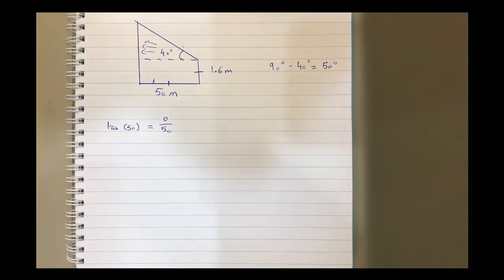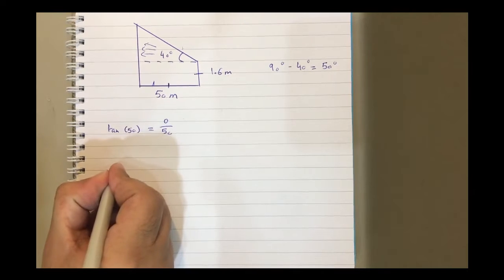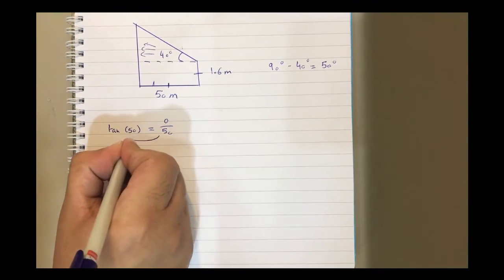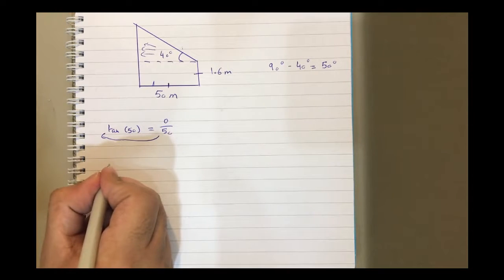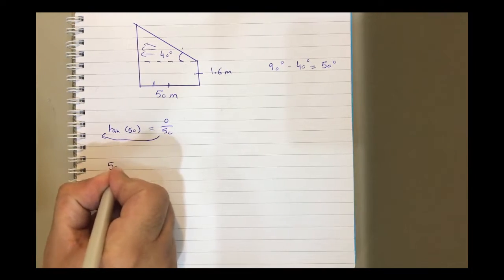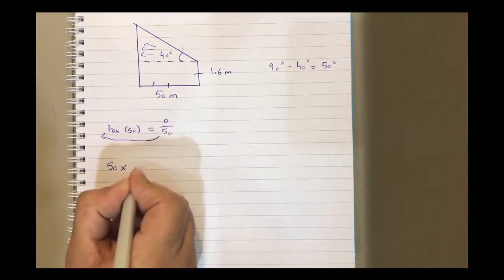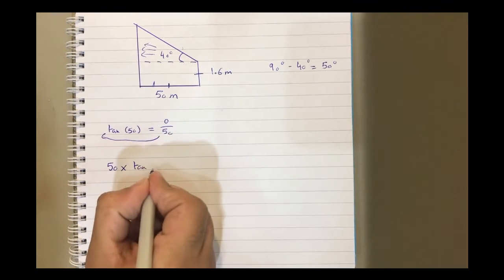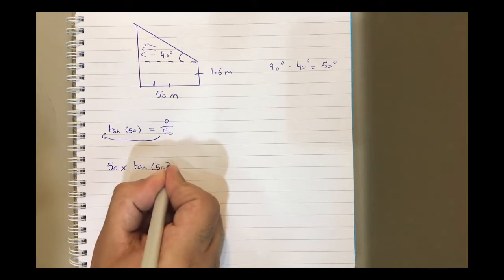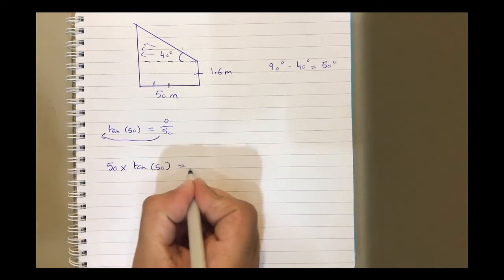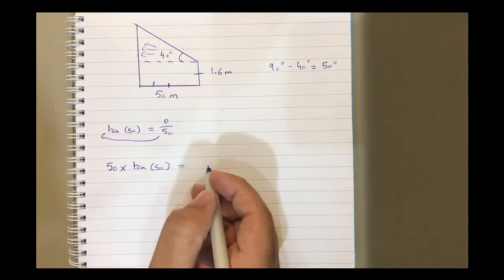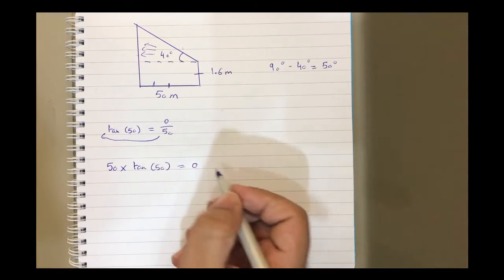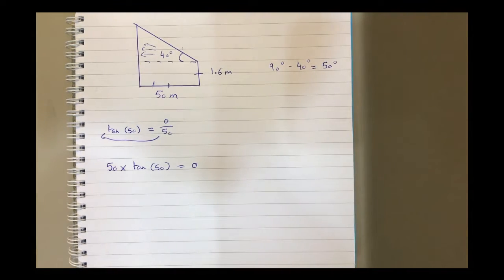So now we have to cross multiply, which is moving the 50 meters right here, which is 50 meters times tan of 50 degrees equals the unknown height of the building, which we will keep as the opposite side.